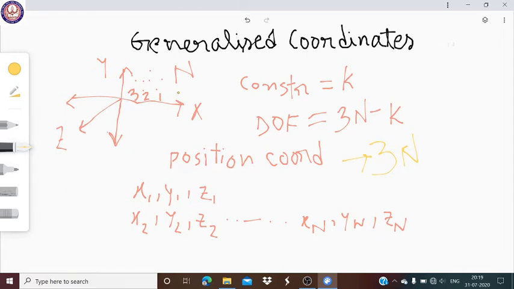Now, since we have k number of constraints, what will we do next?